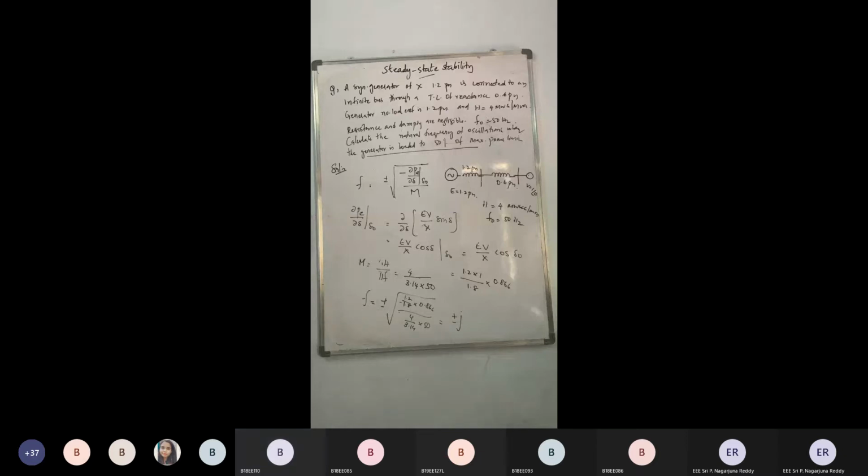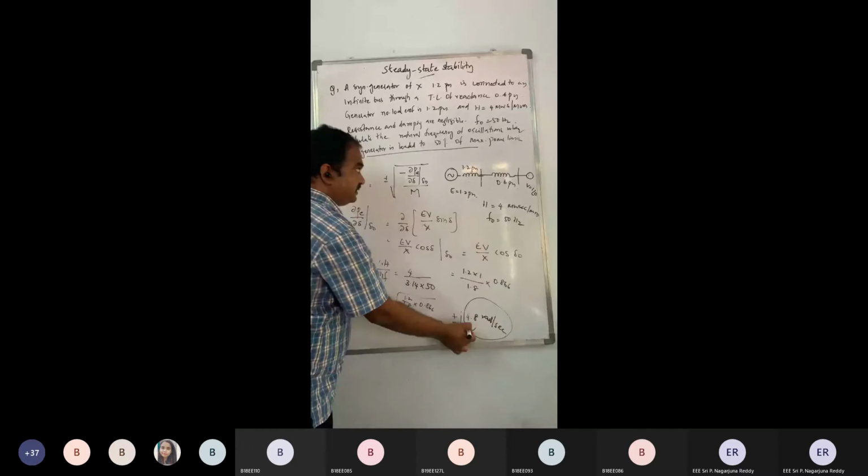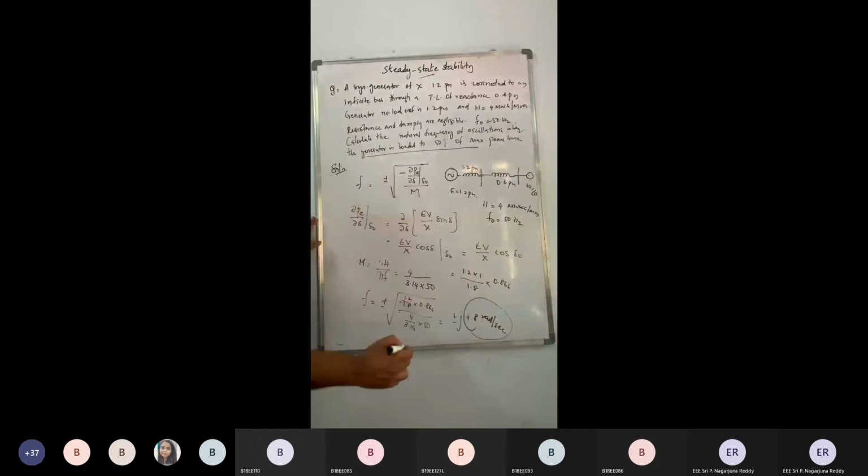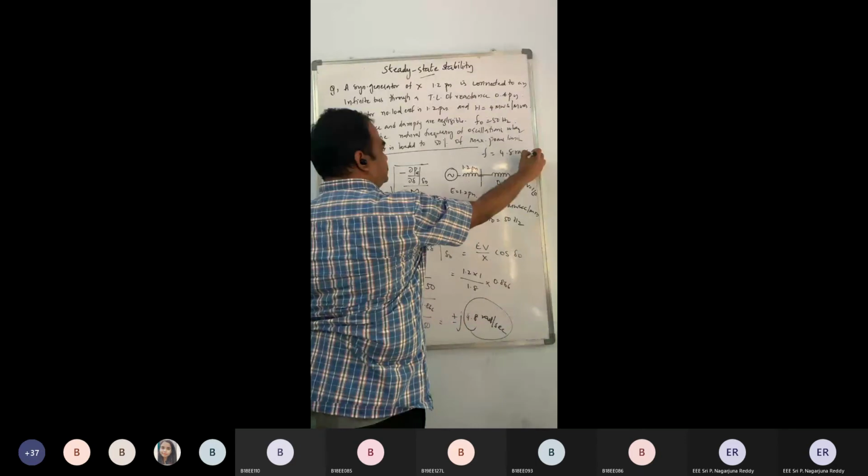So it is going to be 4.80 radians per second. Only the magnitude will be considered as the frequency. So f is equal to 4.8 radians per second.